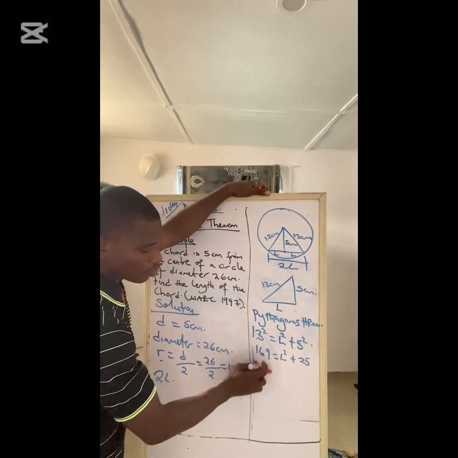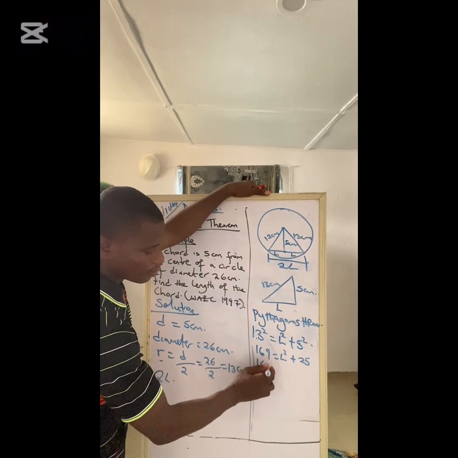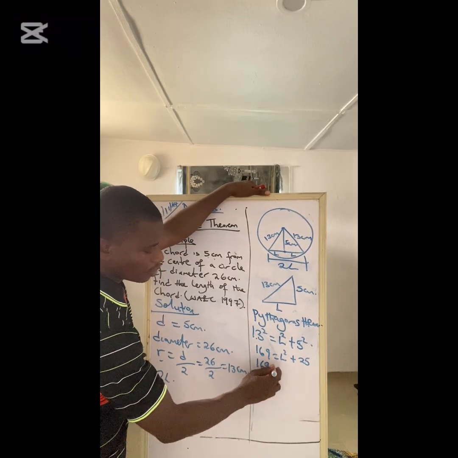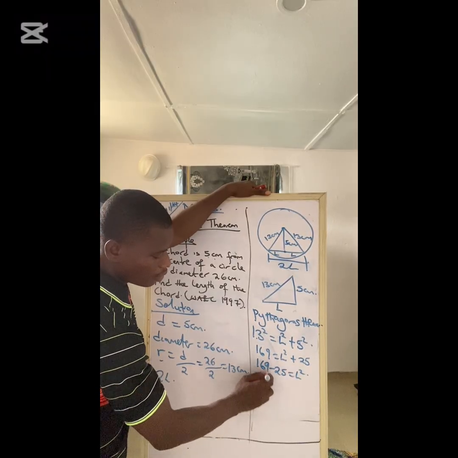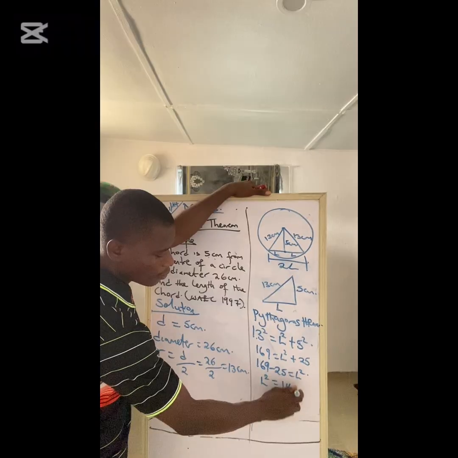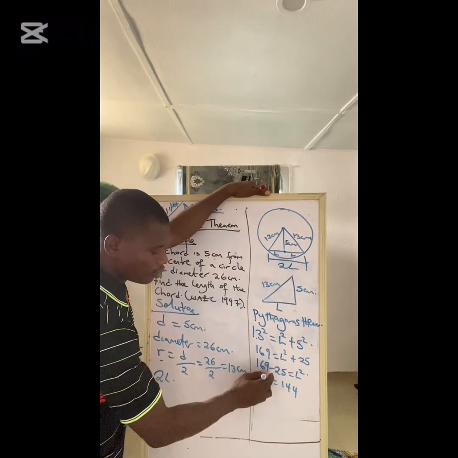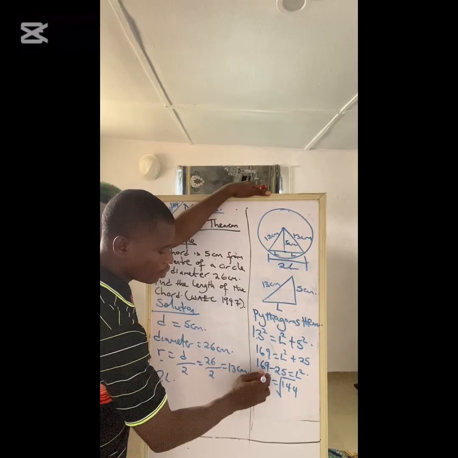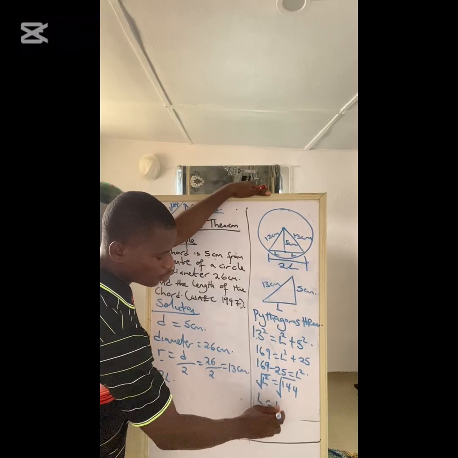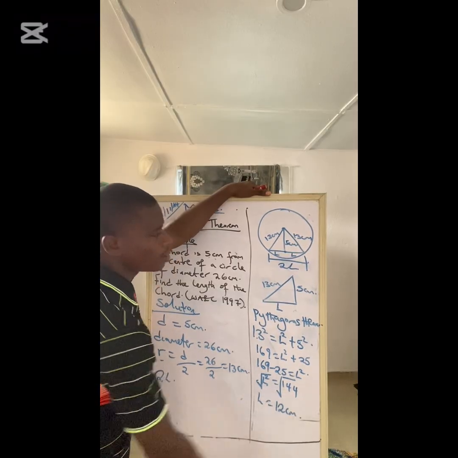Collect like terms, this one will come inside, 169 minus 25 is equal to L squared. So L squared is equal to 144. Then the next thing is to square root both sides. So L is equal to 12 centimeters.